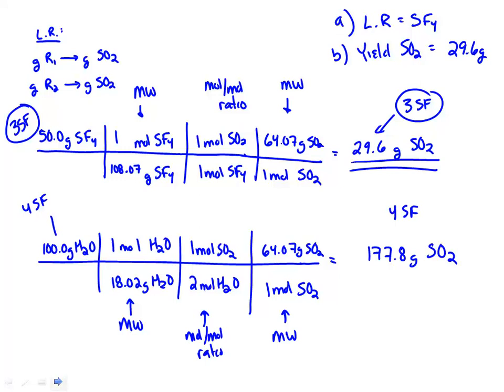Because the idea is that as we're doing the reaction, just like in baking, once we run out of one of our reactants, we can't make any more product, so we have to stop at making 29.6 grams of product, even though we have a lot of water left over. So our excess reactant is then H2O, right?